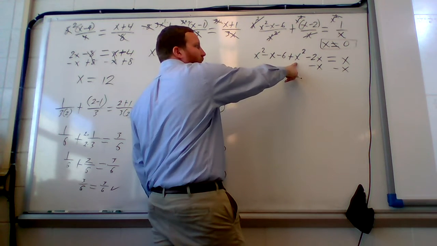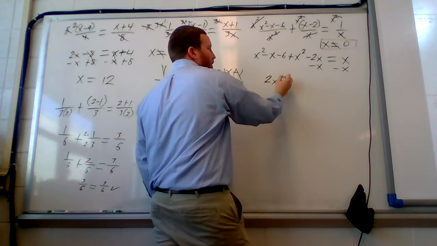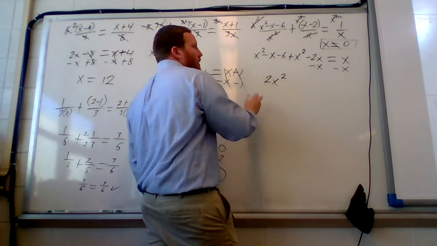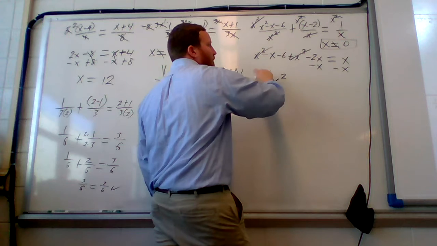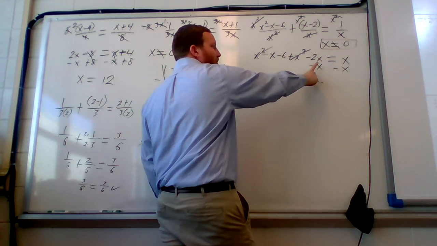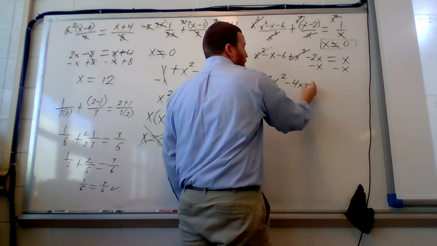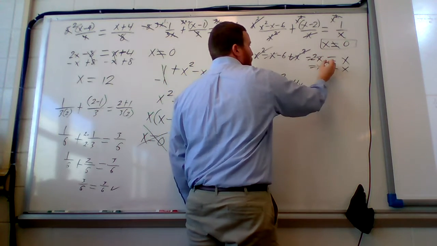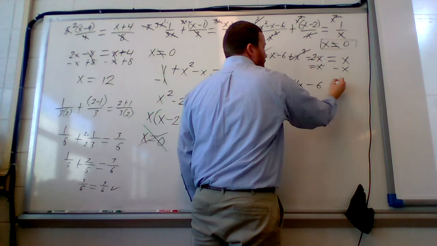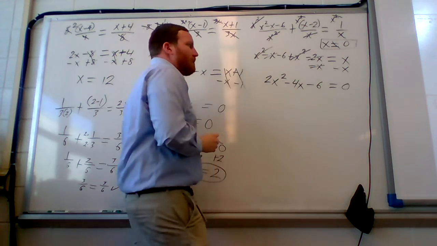So we got an x squared and x squared, gives us 2x squared. Negative x minus 2x minus another x, negative 4x. And then we have that minus 6 equals 0.